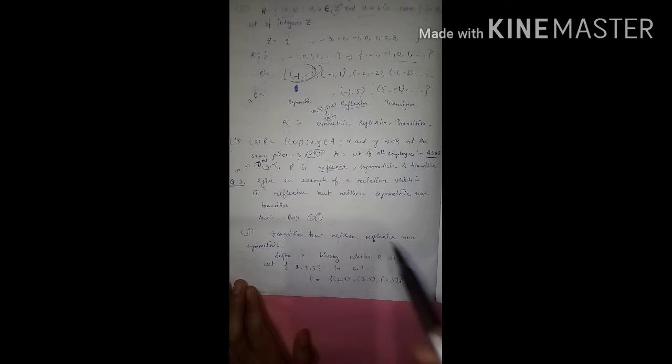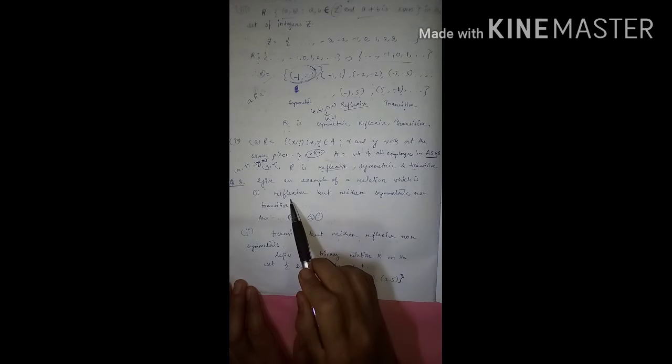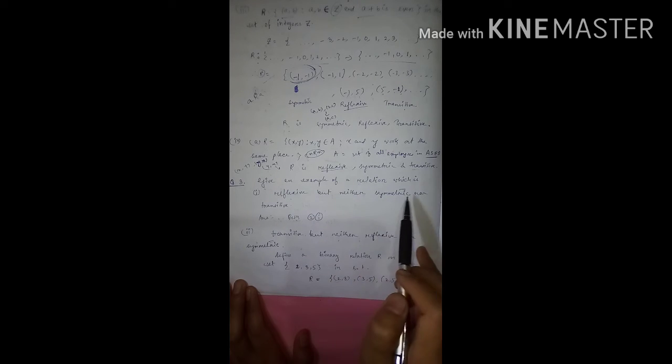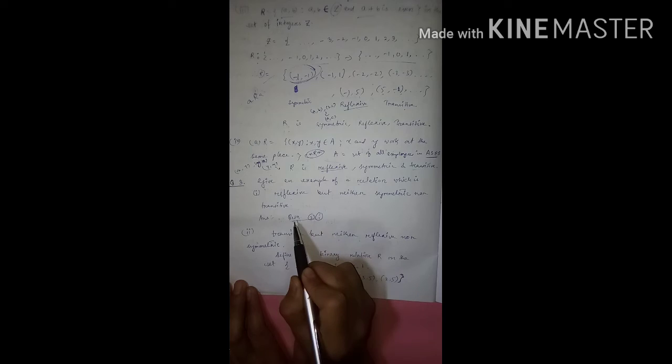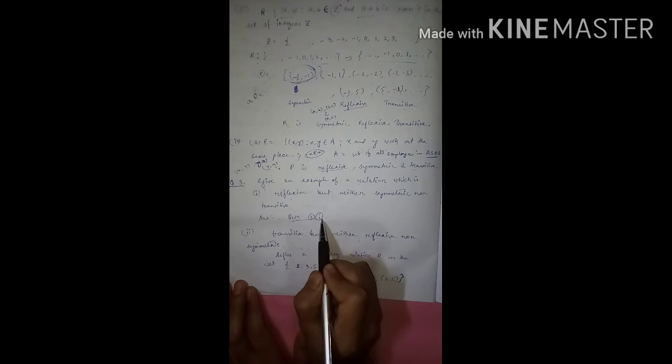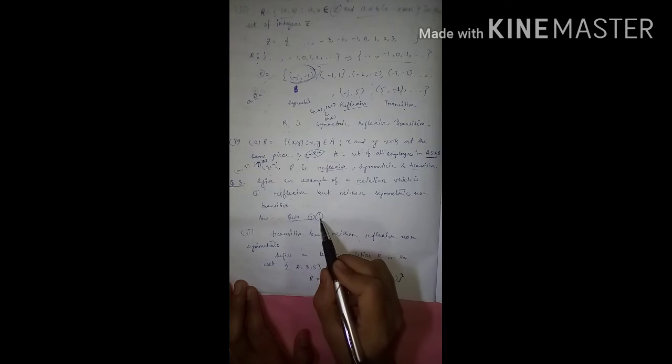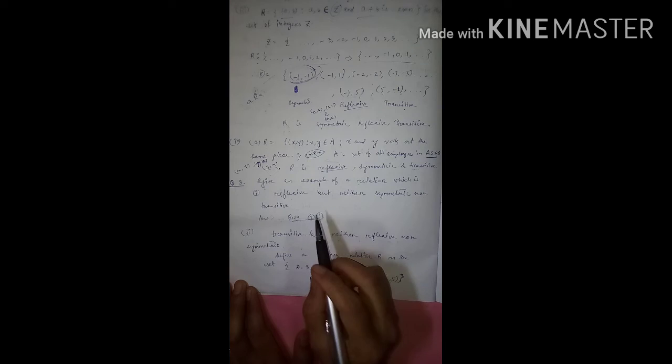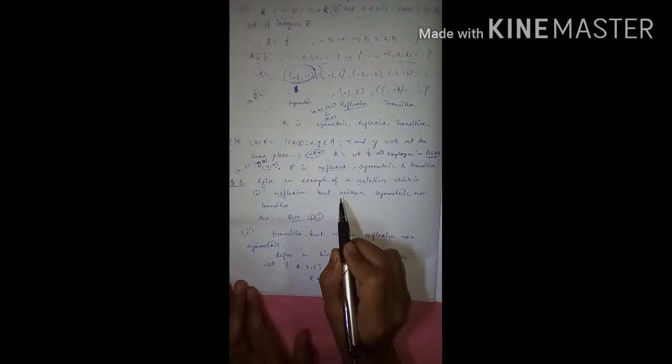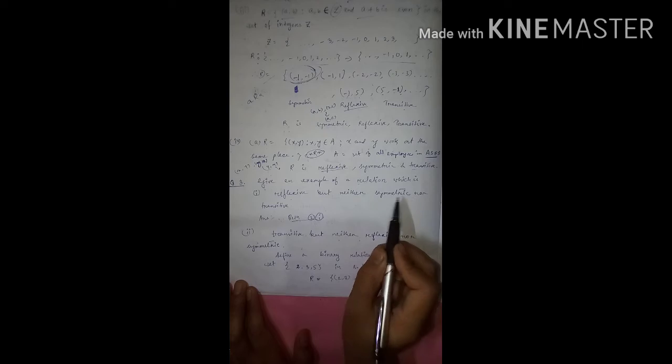We have such relations, reflexive but neither symmetric nor transitive. So it is not too difficult to find because we have already seen them. Let's see question number 2, first statement. The first statement of question number 2 is reflexive but neither symmetric nor transitive.